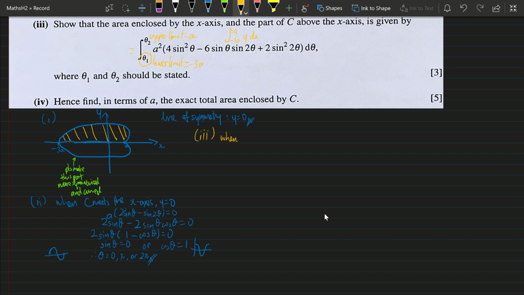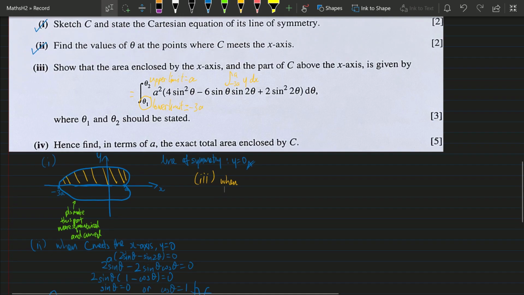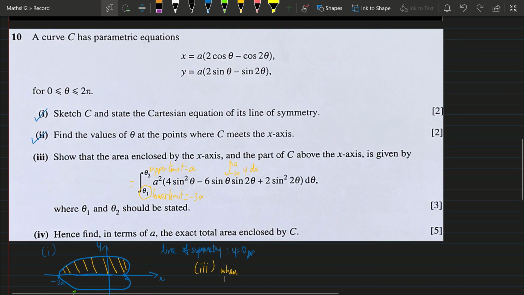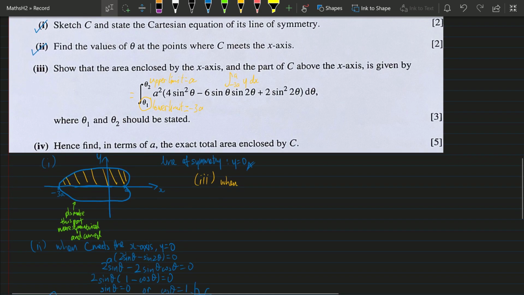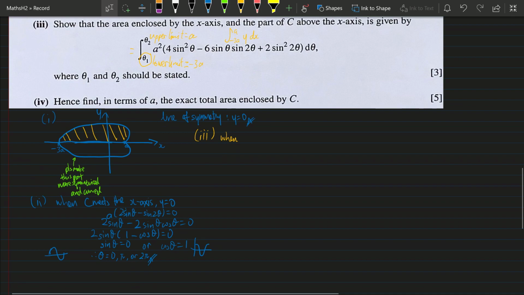So it must have something to do with this theta, pi, and 2 pi that the question asks you to find, right? Because the way questions work, part 1 is related to part 2 is related to part 3. Sorry, it's the other way around: part 4 needs something from 3, which needs something from 2, which needs something from 1. Typically, that's what happens. So let's just check, okay?